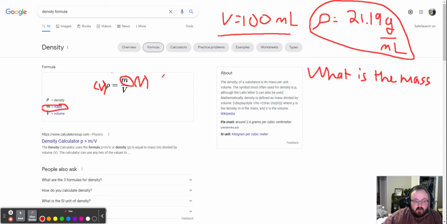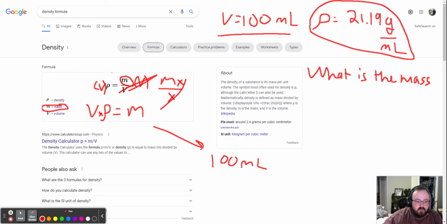It would just be like having mass times x over x. Those x's would cancel each other off. So this volume cancels out, and we're left with mass. But now we still have volume times density. So volume multiplied by density equals mass. Now you can plug in your numbers. Where V is, you put 100 milliliters.